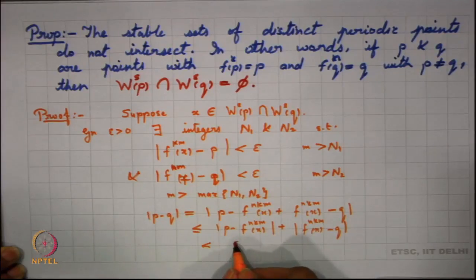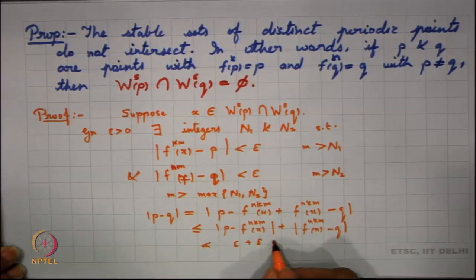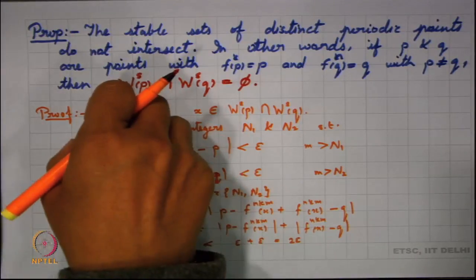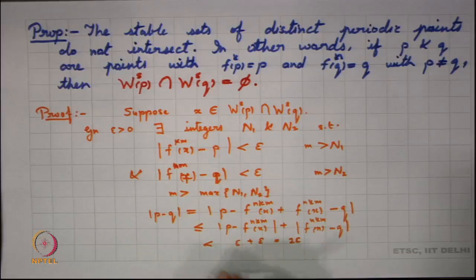So, this is less than epsilon plus epsilon, which is twice epsilon. I could have started with epsilon by 2, and this would have been less than epsilon. So, what we find is that given any epsilon, |P - Q| becomes less than 2 epsilon.